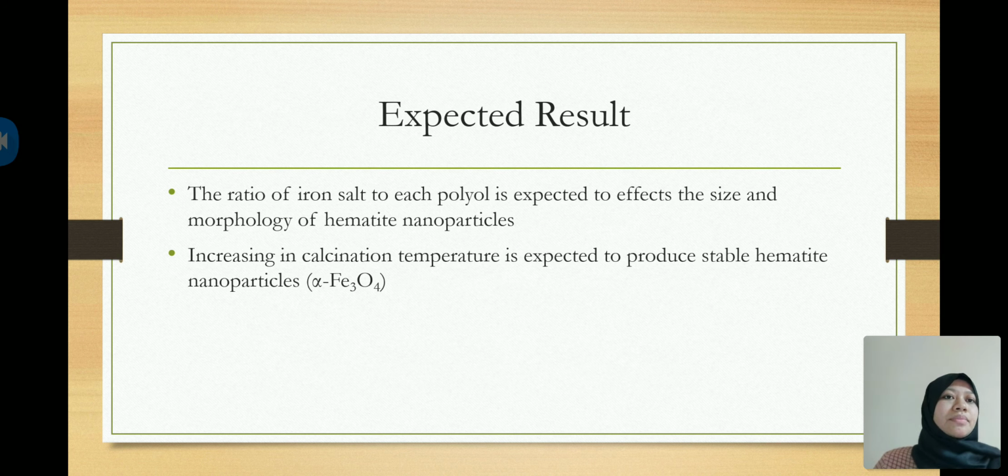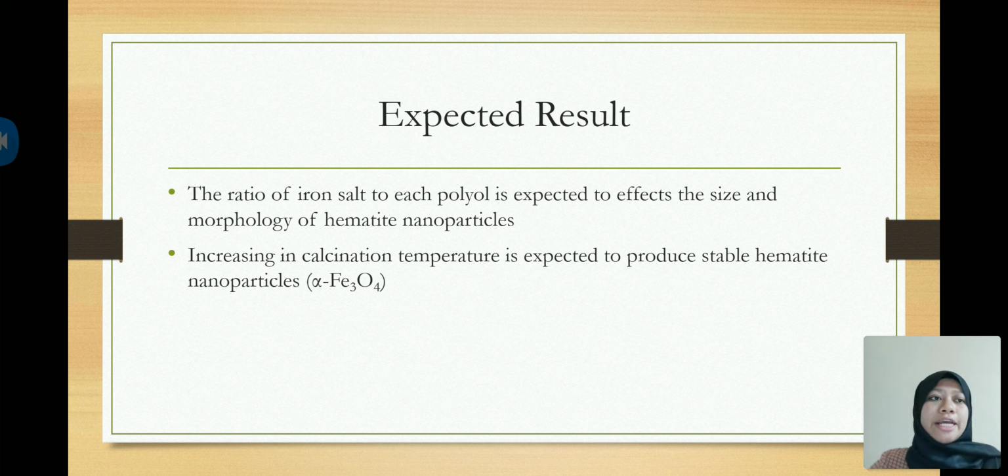So let's see the expected results. In my research, I expect two results. The ratio of iron salt to each polyol is expected to affect the size and the morphology of hematite nanoparticles.